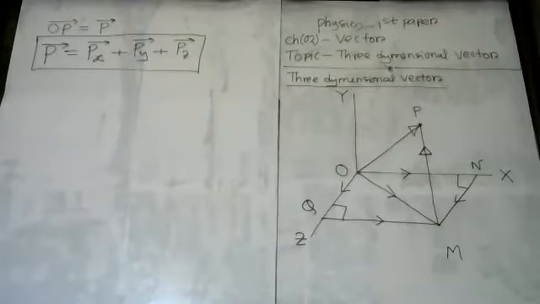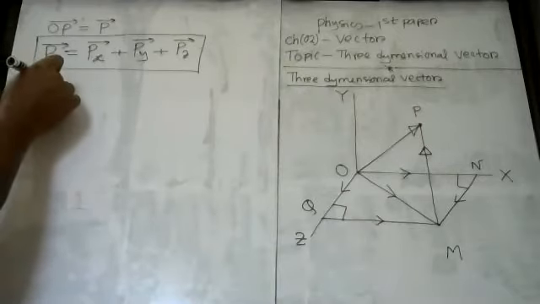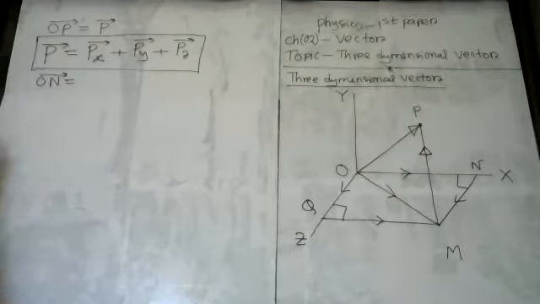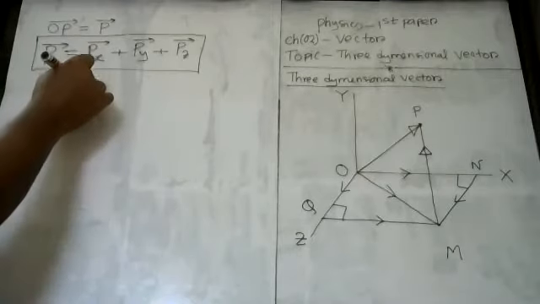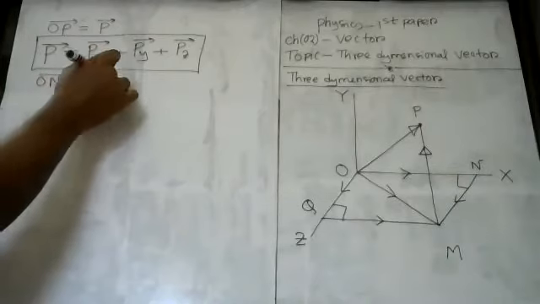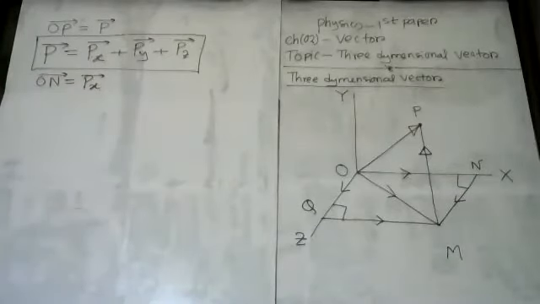The x component is the part or component of P that lies on the x-axis. That lies along the x-axis. You see that the part that lies along the x-axis is nothing but O to N. So this O to N part will be called what? The x component Px. What is the x component Px?